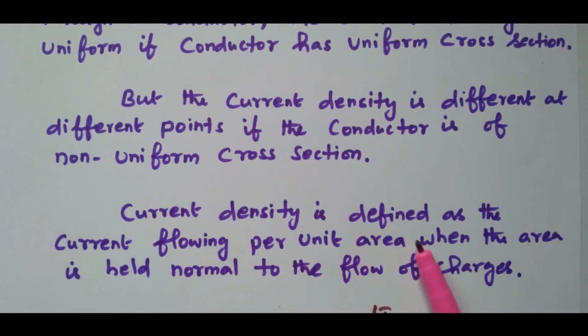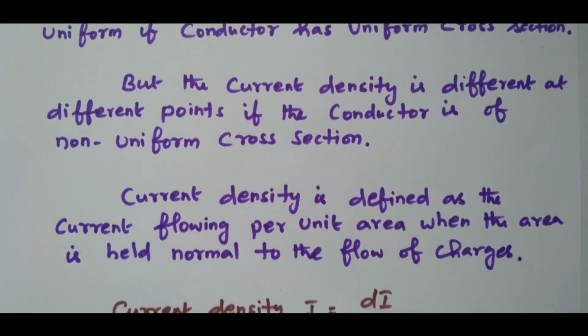Current density is defined as the current flowing per unit area when the area is held normal to the flow of charges. If the cross sectional area is uniform, current density is uniform; otherwise it differs.